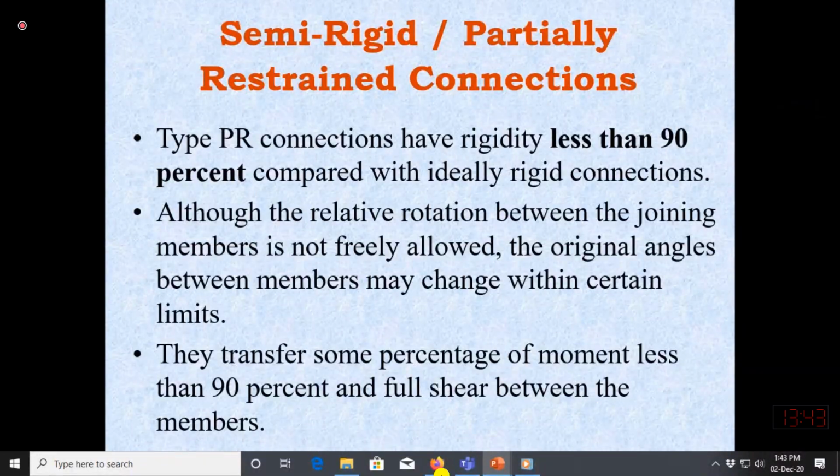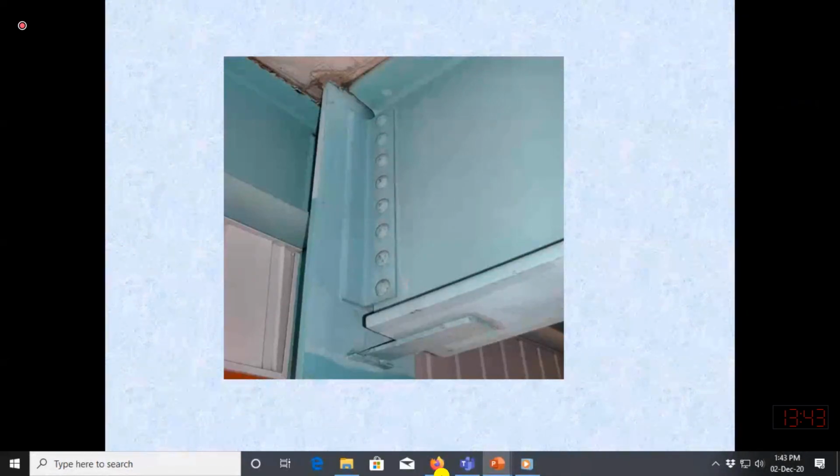connected. So here you can see a partially restrained connection. The web is completely connected, so all shear force is transferred from this web to the column. And here you can see that a very thin plate is connected from the flanges to the column.